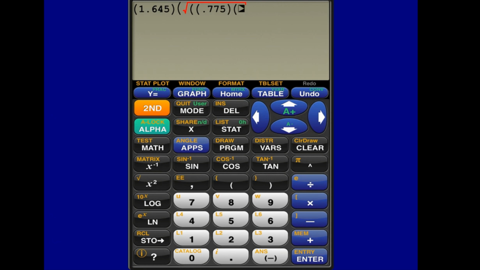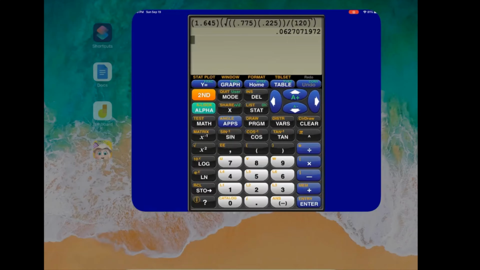Did you notice that p hat times q hat, or the blue plus green I had on the previous page, are equal to 1? 0.06.